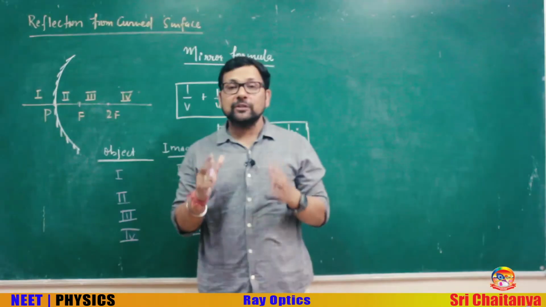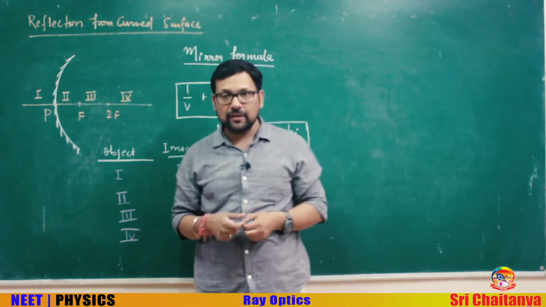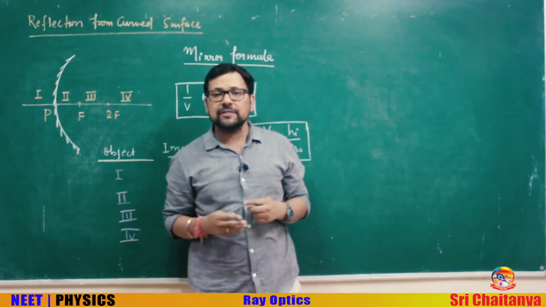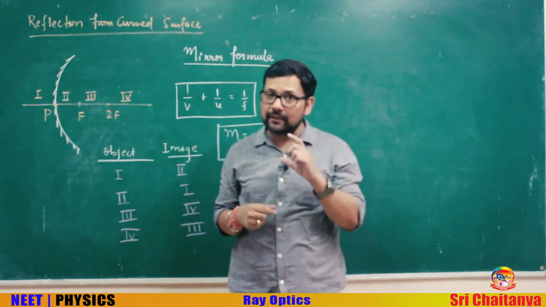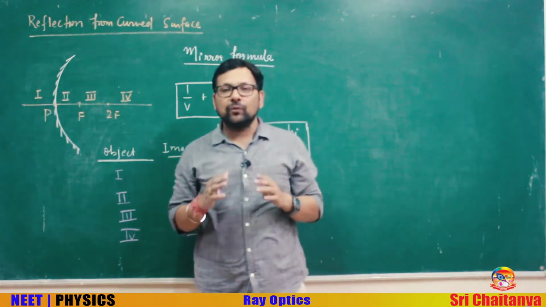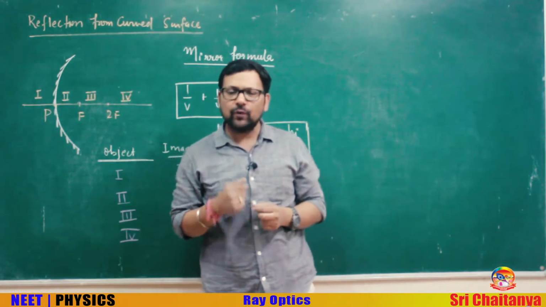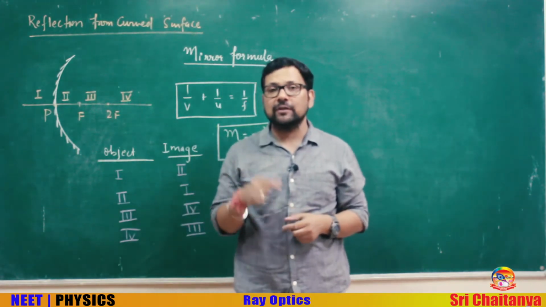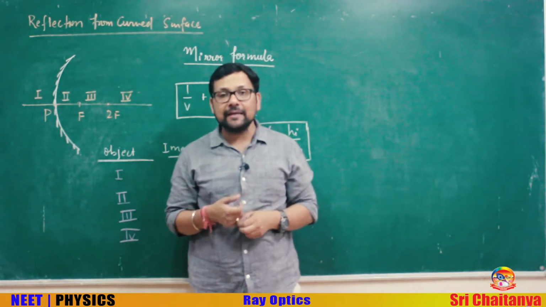Now see the important applications of reflection from curved surface. We know that curved surface, spherical reflection, these are the concave mirror and the convex mirror. But one concept that you must keep in your mind is that whatever rays we are using for the spherical surface reflection, they are the paraxial rays.